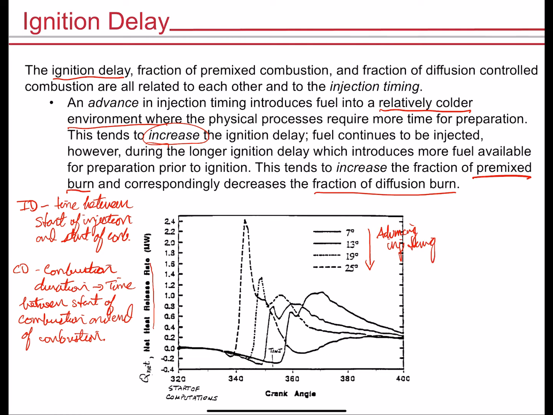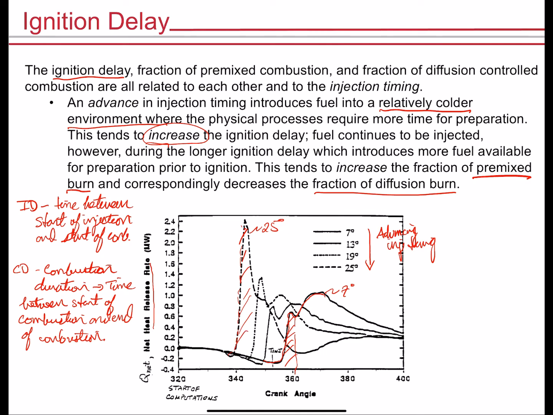And so this plot that you see here is the 7-degree injection timing, and this real spiky dashed curve that you see here is the 25 degrees before top dead center injection timing. Look at the difference in premix burning. This is the premix burning for the 7 degrees. This is the premix burning for the 25 degrees.